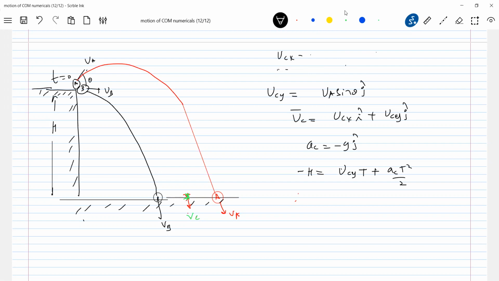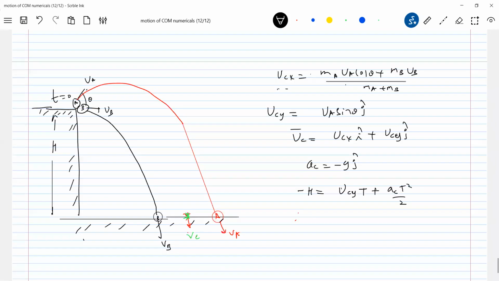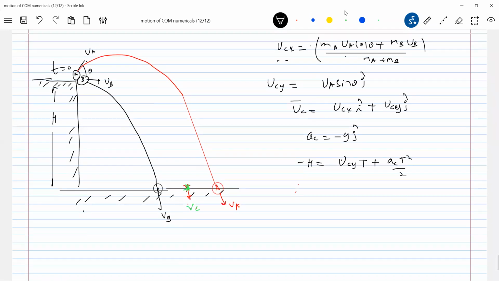Let the masses be different. So this should be mA UA cos theta plus mB UB i cap, then 0 plus mA UA sin theta.